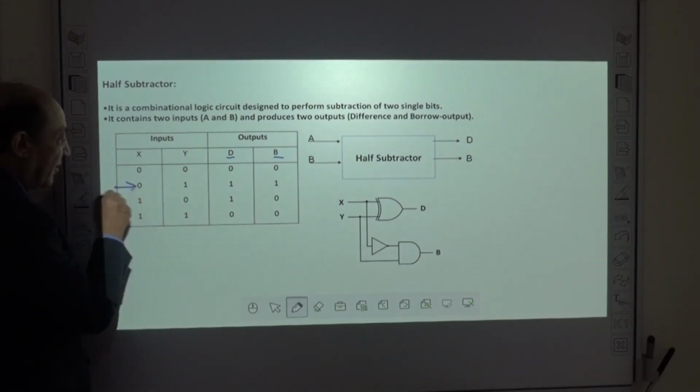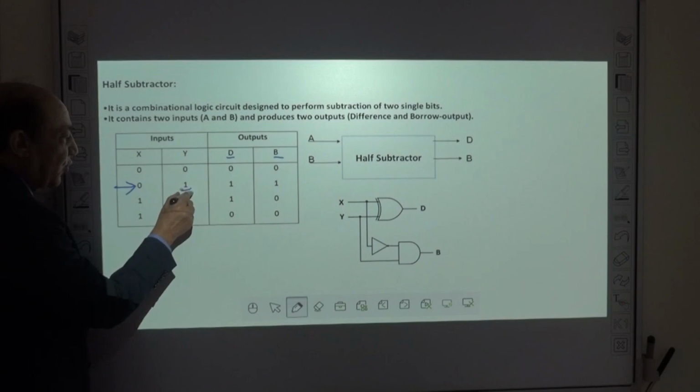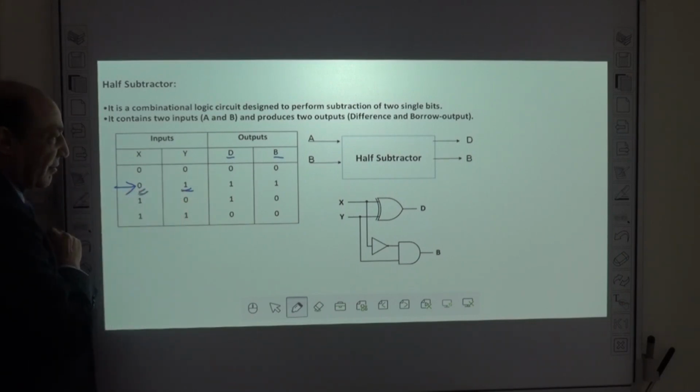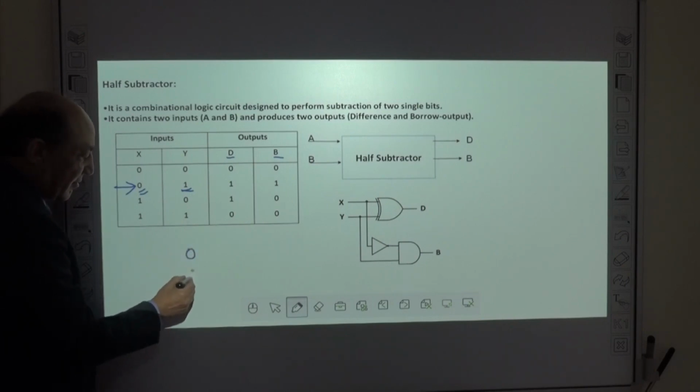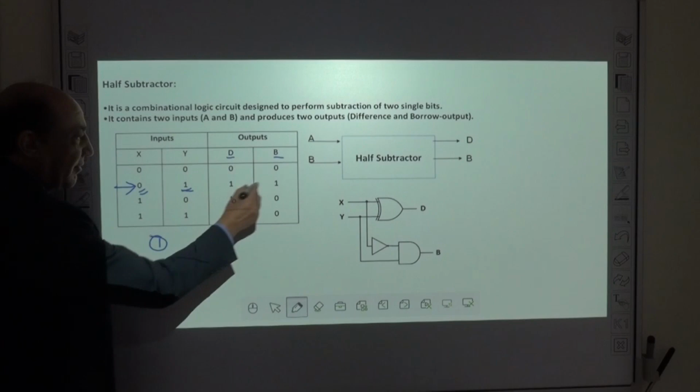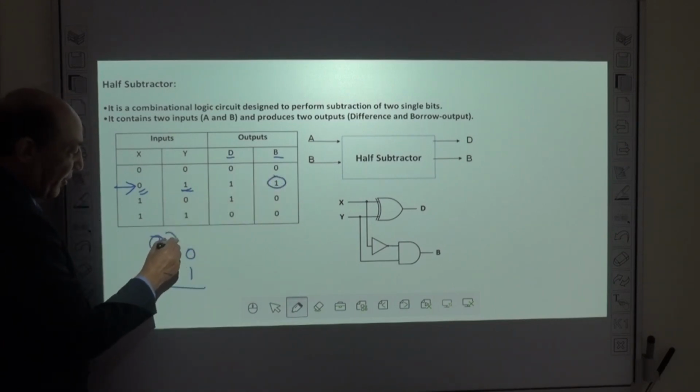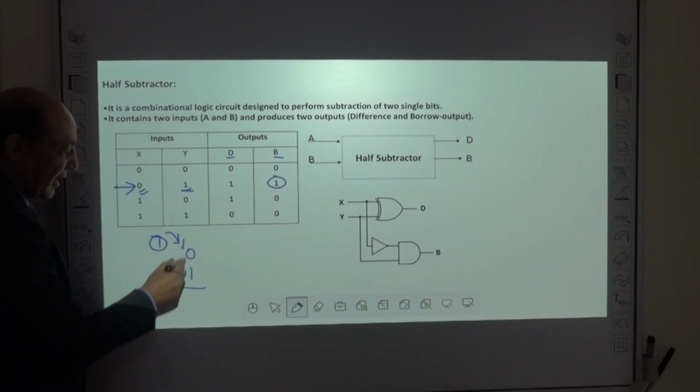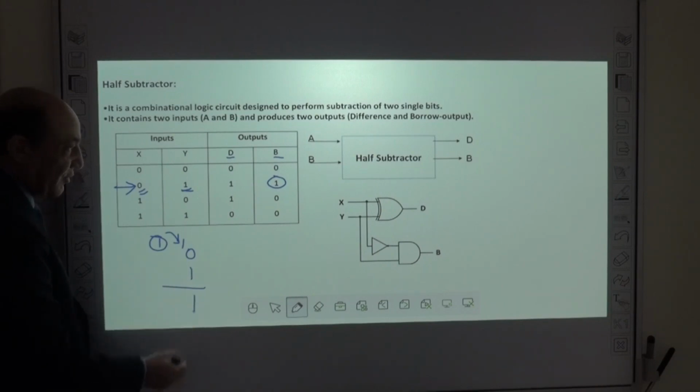However, when we subtract 1 from 0, we have to borrow. So the borrow is 1. But the borrow makes this 0 into 10, and 10 minus 1 is equal to 1.